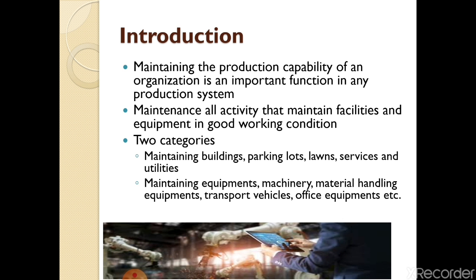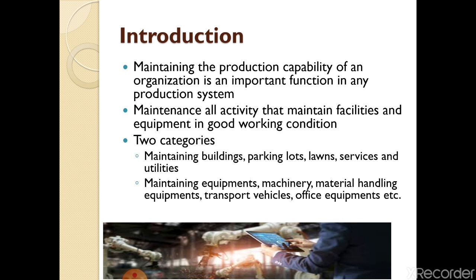Next is maintenance of equipment. There are two important branches of engineers associated with this: electrical and mechanical. Under this it includes maintaining equipment, machineries, material handling equipment, transport vehicles, office equipment, etc. Product maintenance is also part of equipment maintenance, that is, the finished product, its quality and performance has to be checked.